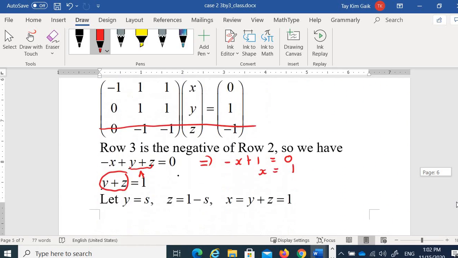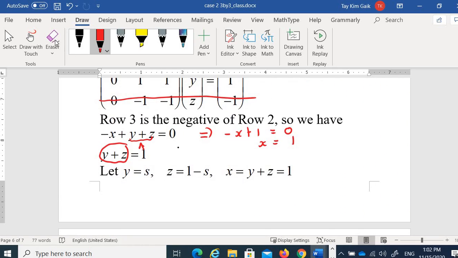You have to let your y equal to s, as in the previous step for the repeated eigenvalue. So if y equals s here, then z will be 1 minus s.